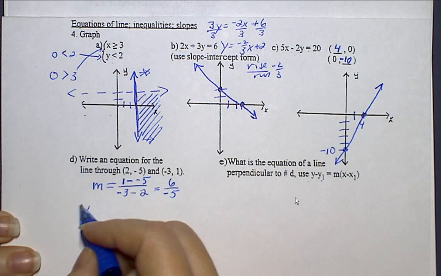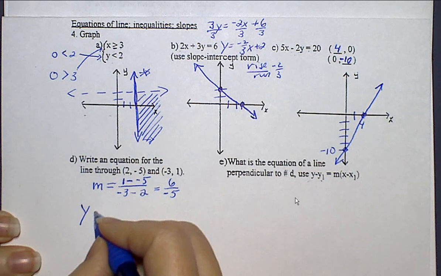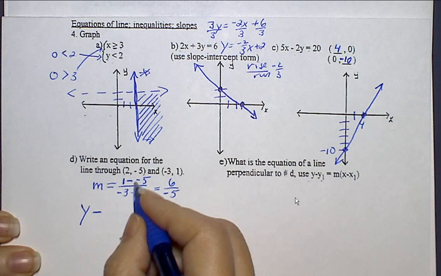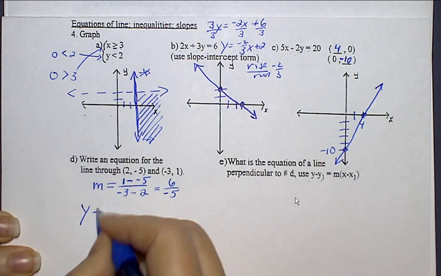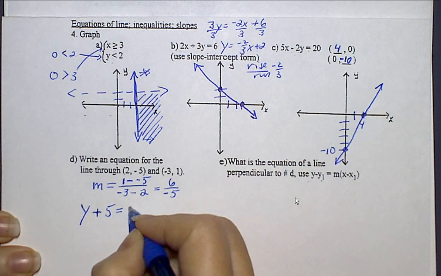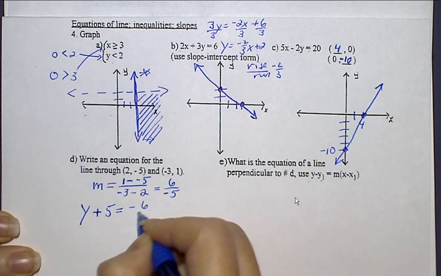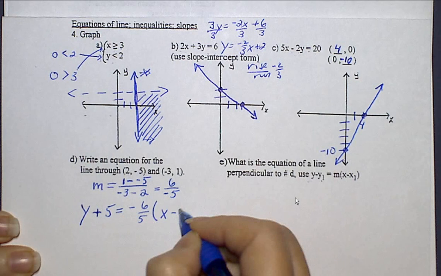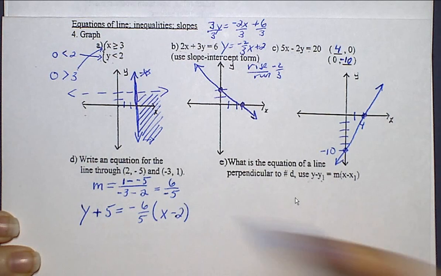So I have y minus my y1. So we have my minus my 5, so it's plus 5, because remember that's just always opposite. And then we have a -6/5 times x minus my 2, because it's opposite. So there we have our answer.